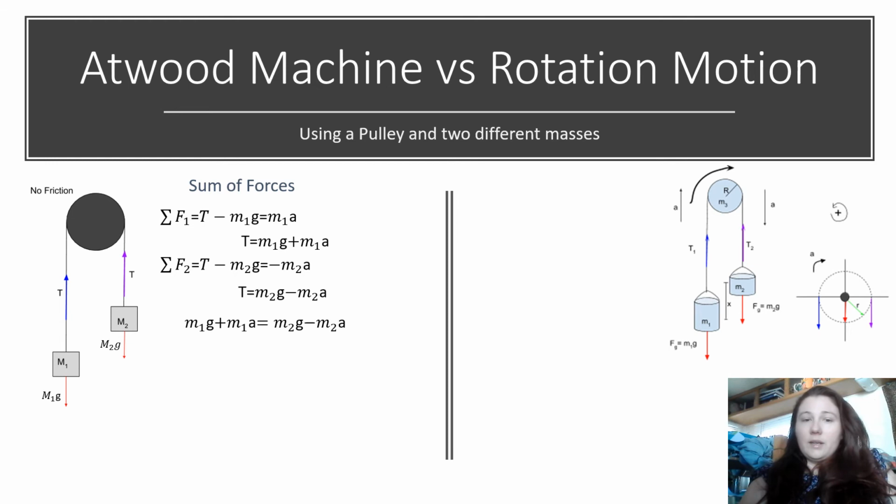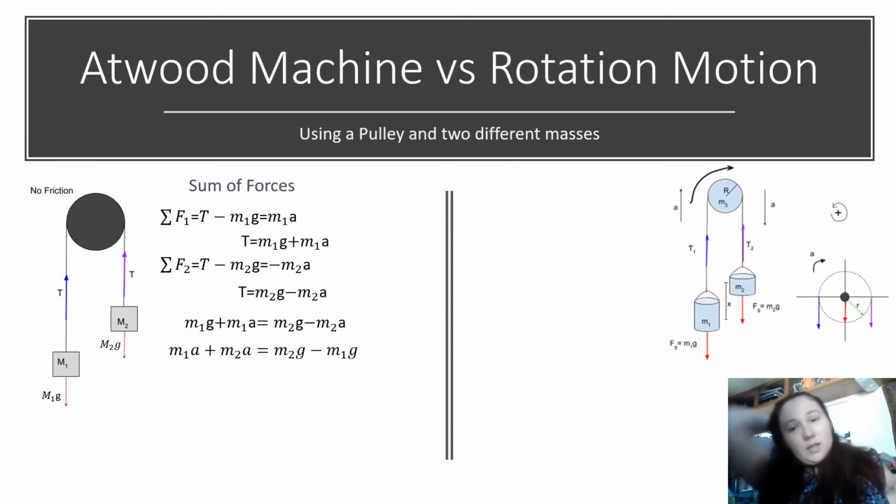I just put mass 1 is equal to mass 2, with their gravity and acceleration. Now we want the acceleration and the gravities on the same side, so that's what I did here.